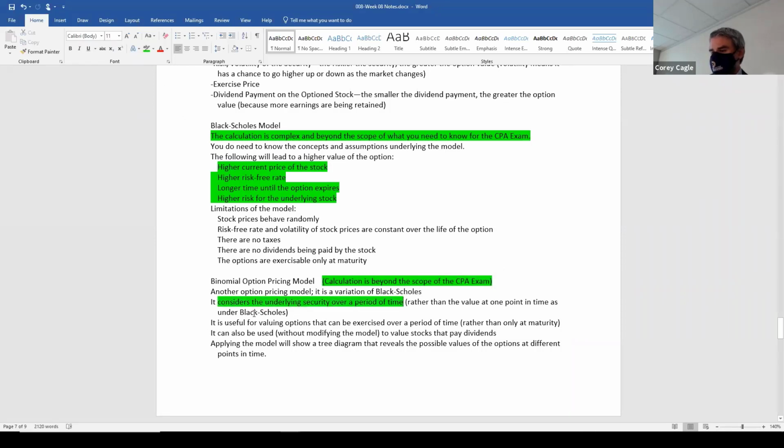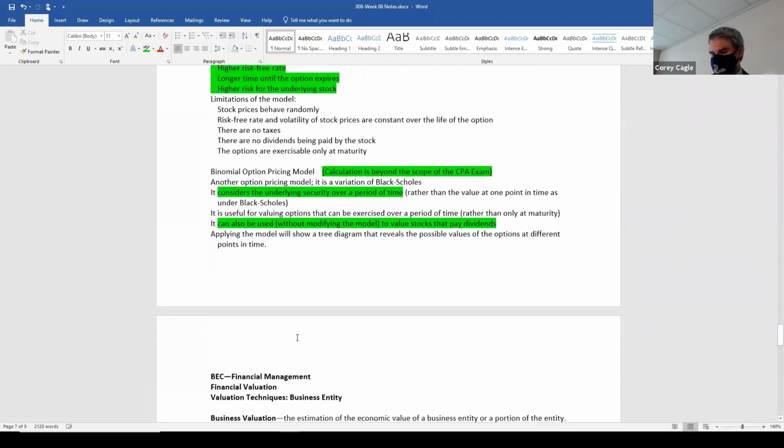And it can be used to value stocks that pay dividends. So the output from this model, they say, is a tree diagram. You've got all these possible values at different points in time. So it's a variation on the other model that's got some nifty things to it.